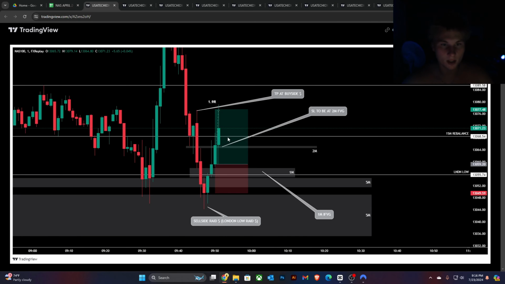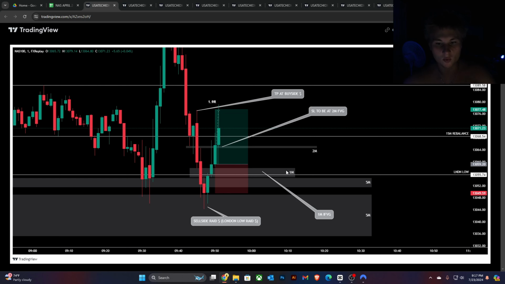Right here, we got a nice trade. Looks like we had a London low raid, which I love seeing, session highs and lows raided, because reactions off of those session highs and lows are pretty nice. As you can see right here, we had a nice play. London low swept for liquidity, and then we also had this low swept as well.